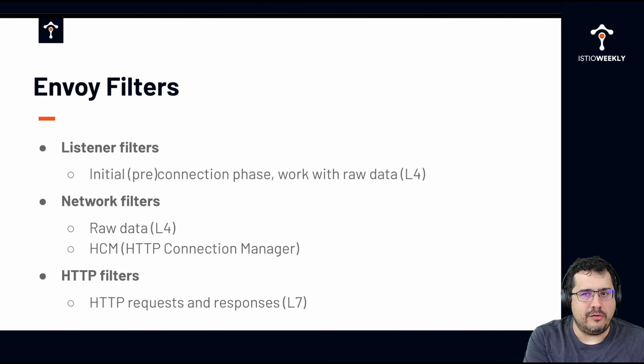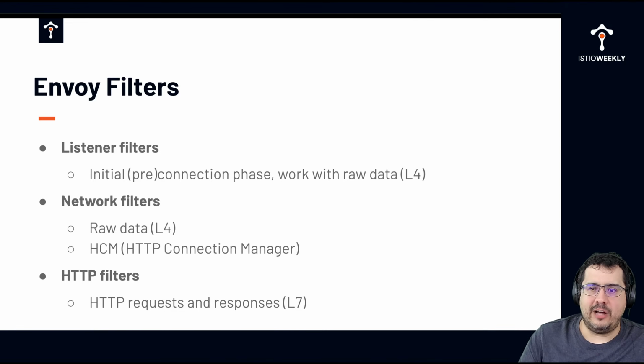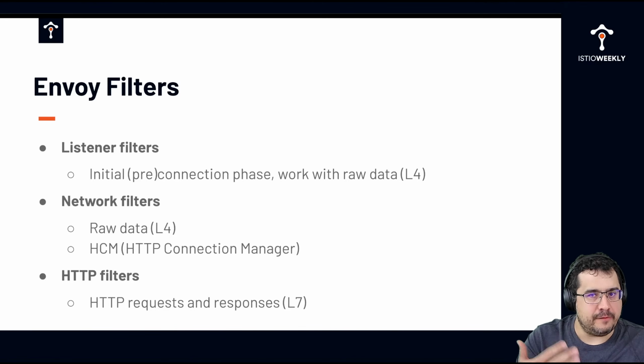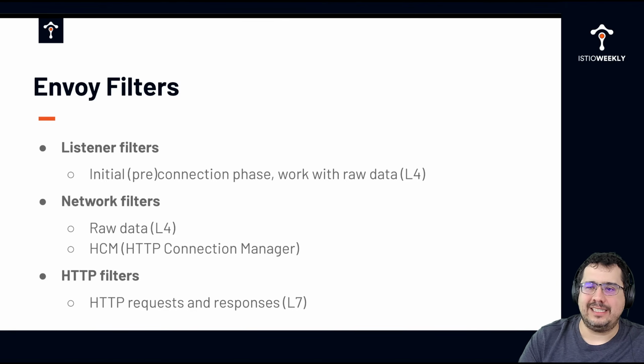So I've mentioned how the request will hit one of the listeners, and then it will go through a set of filters. There are 3 types of filters that Envoy currently provides, and they form a hierarchical filter chain. The first type of filters are called listener filters. These filters are attached to listeners, as the name suggests, and they can access raw data and can manipulate metadata of L4 connections during the initial connection phase.